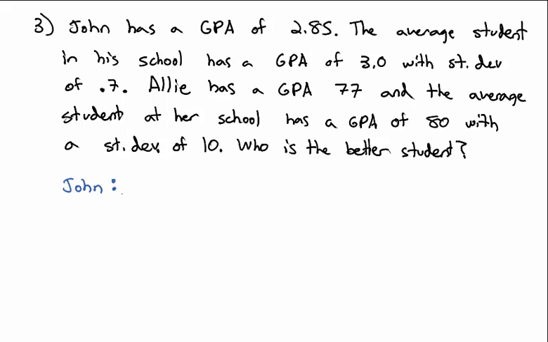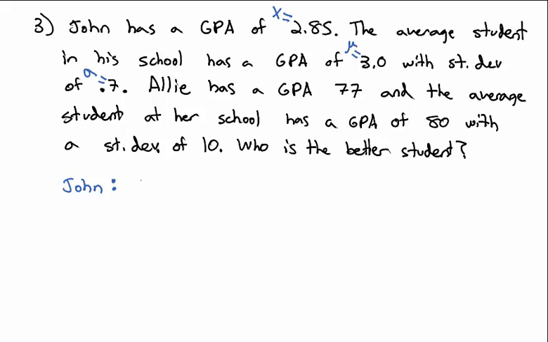John's GPA is 2.85. That's his specific value. That's our x value. His school has a GPA of 3.0. That's everybody in the school has an average, or mu, of 3.0. And the standard deviation, that's sigma, is 0.7.